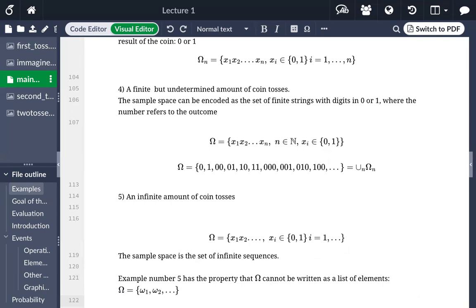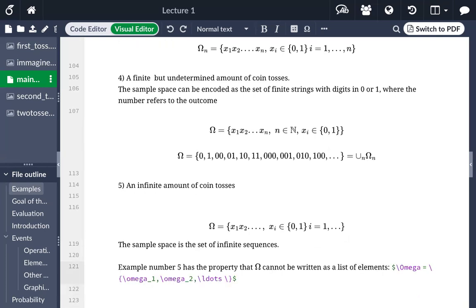This is a theorem. In jargon this is written as: omega is uncountable. We will not consider omegas that cannot be written as a list.